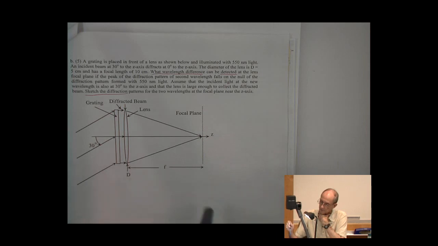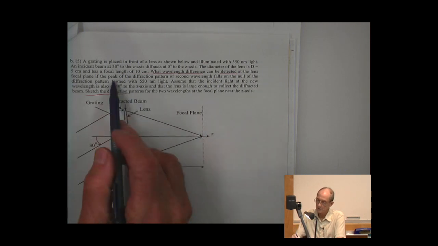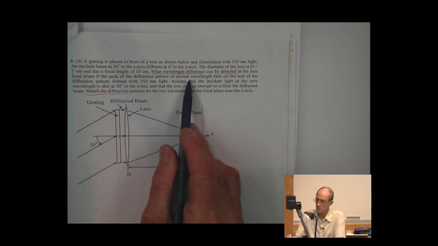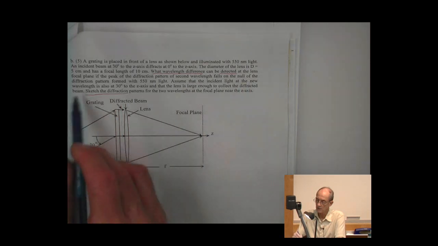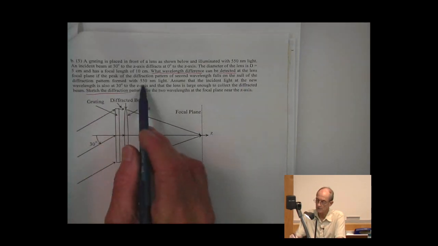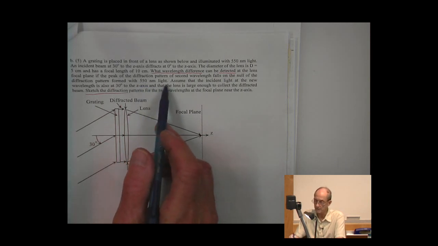And so I give you some parameters here, and I ask you what is the minimum wavelength difference that can be detected at the lens focal plane if the peak of the diffraction pattern of the second wavelength falls on the null of the diffraction pattern formed with the construction wavelength, or the 550 nanometer light.